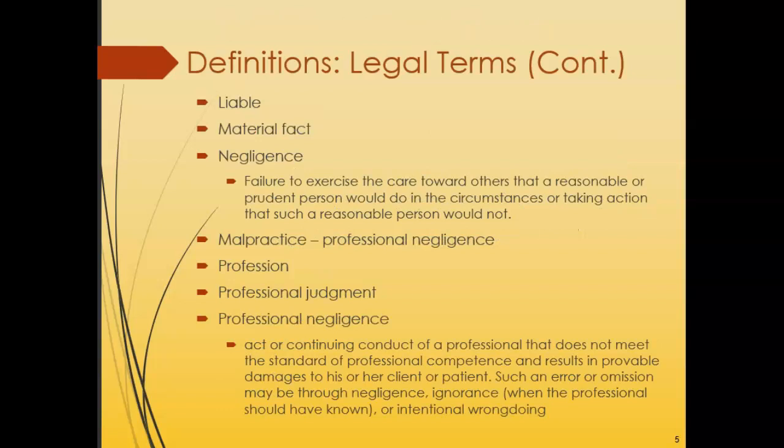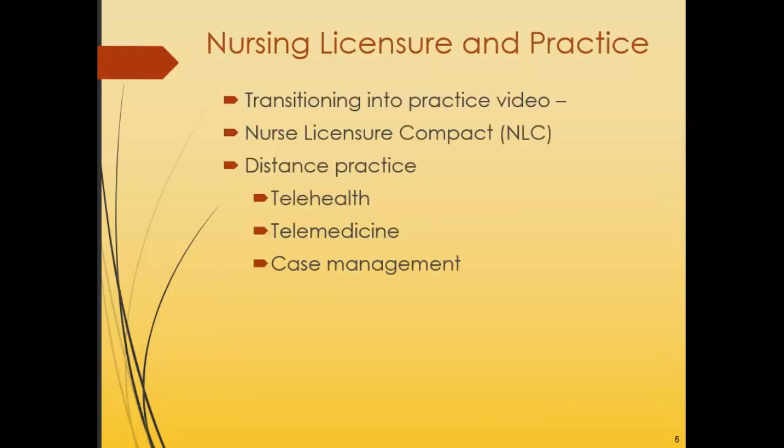And these are just some continued terms, some of which we're going to talk about in a little bit more detail. It's important to remember that in terms of your nursing licensure after you pass NCLEX, we've already discussed people who are interested in having a compact license, where they're able to practice in more than one state.